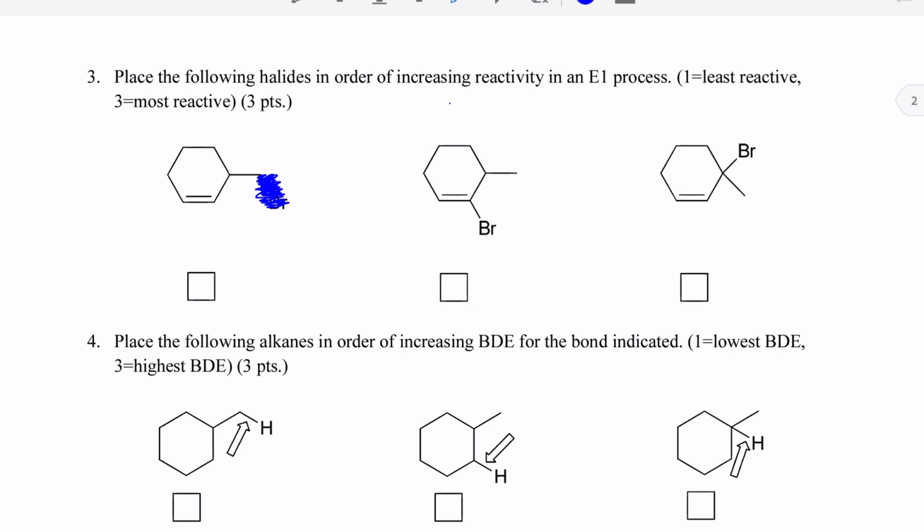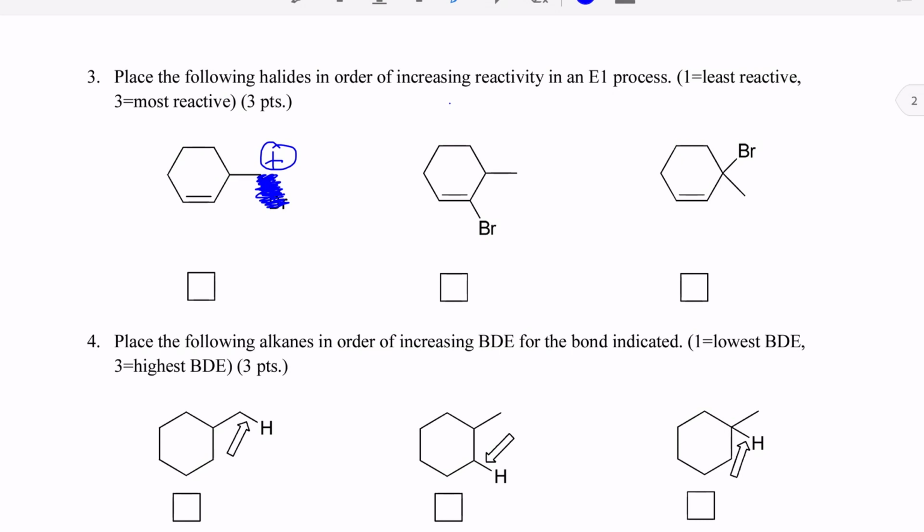We basically get a primary carbocation, right? We lose a bromine, and now it's just a carbon atom attached to this ring along with 2 other hydrogens, but it's missing a pair of electrons, so it's a primary carbocation.